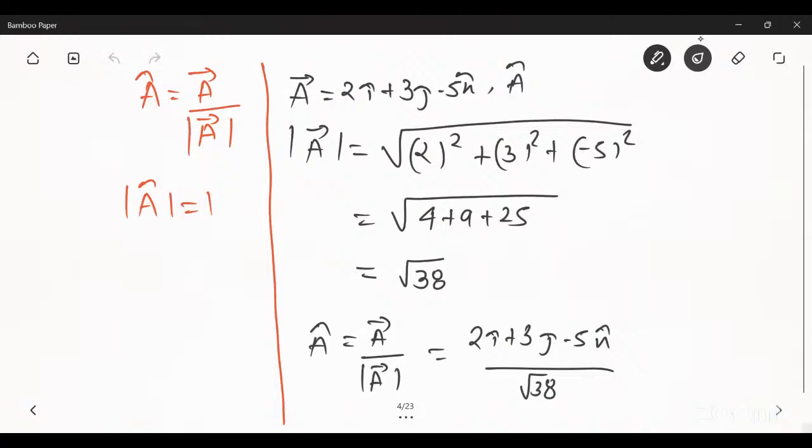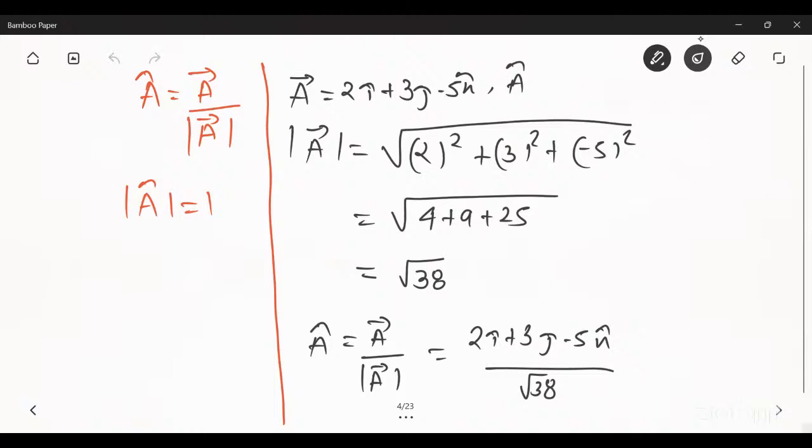Next, we saw a numerical on how we can find the unit vector. We have taken a vector as 2i plus 3j minus 5k. Now, how can we find the mod of the vector? The mod of the vector is the under root of the coefficient of i cap whole square, plus coefficient of j cap whole square, plus coefficient of k cap whole square.